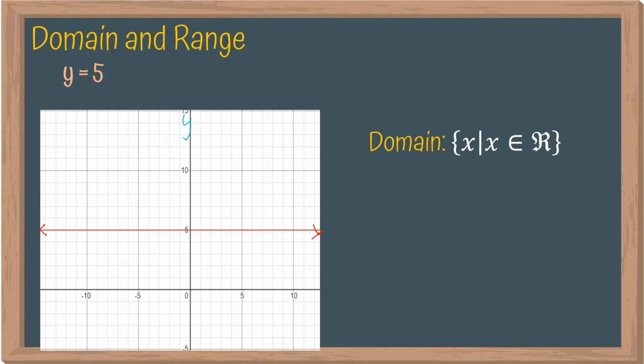So with this one, since we can see that we only have here a constant value 5, we can say that the range of our function will be y such that y is equal to 5. Okay.